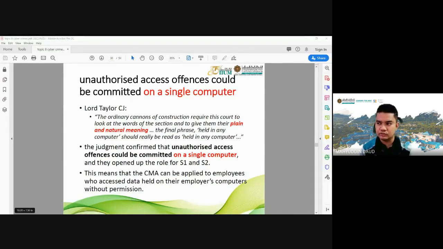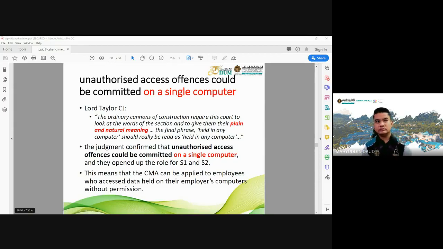And how can you do a crime to yourself? So this is actually an erroneous interpretation, and this has been corrected by the appeal court in that case.